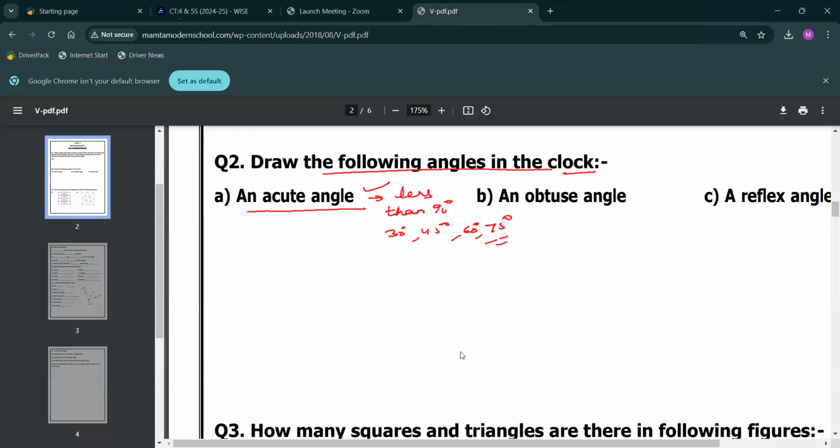Have you drawn the circle, children? Write the numerals also: 1, 2, 3, 4, 5, 6, 7, 8, 9, 10, 11, 12. Ma'am, should we write their radius and diameter also? No need to write the radius because we have to draw the angle.